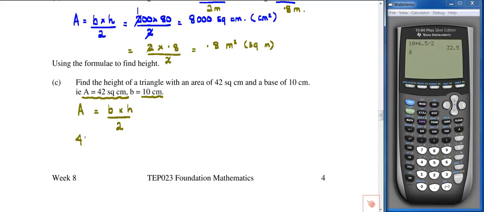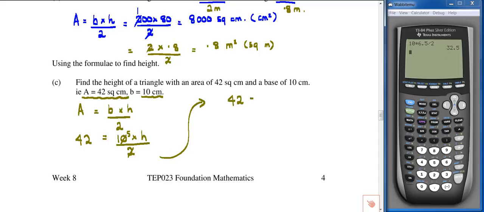Area is 42, that's in square centimetres. Our base is in centimetres, so that's fine. We don't know the height, so we're just going to put in h for height and then divide by 2. Now you can see you can cancel out a little bit there.